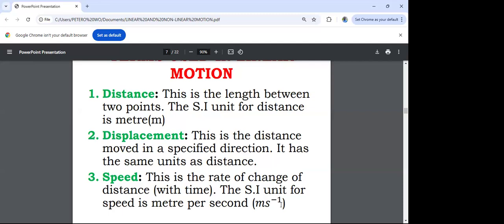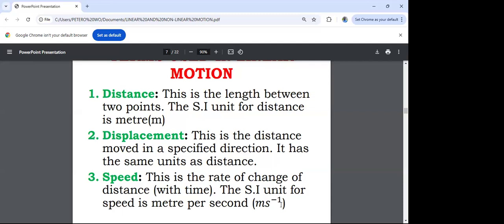Then the other definition that we read is displacement, and they are telling us that it is the distance moved in a specified direction. Now, whenever you say that I moved 20 kilometers today, then you have told us the distance.